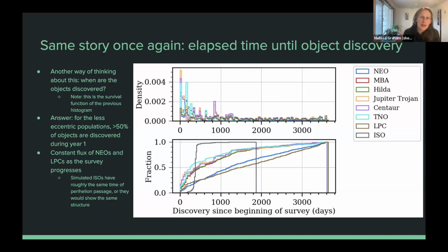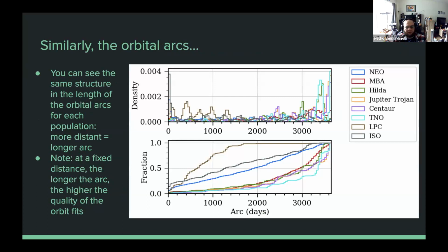One other detail, Jake, can you go back to the previous slide? One other detail related here is that if you fix the distance of an object, the longer the arc, typically the better the orbit fit quality is.